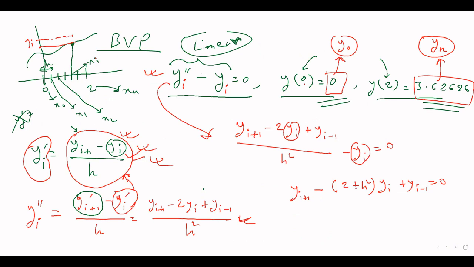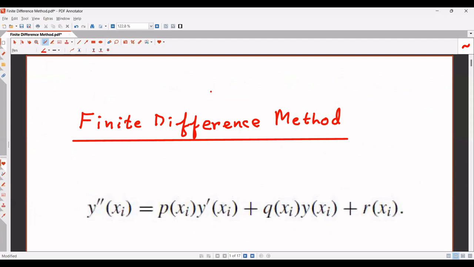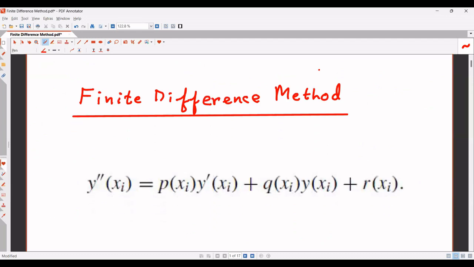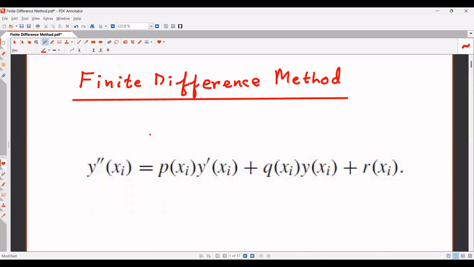For now, let me share a PDF I created. The equation you can see on screen is a general linear differential equation of order 2, right?